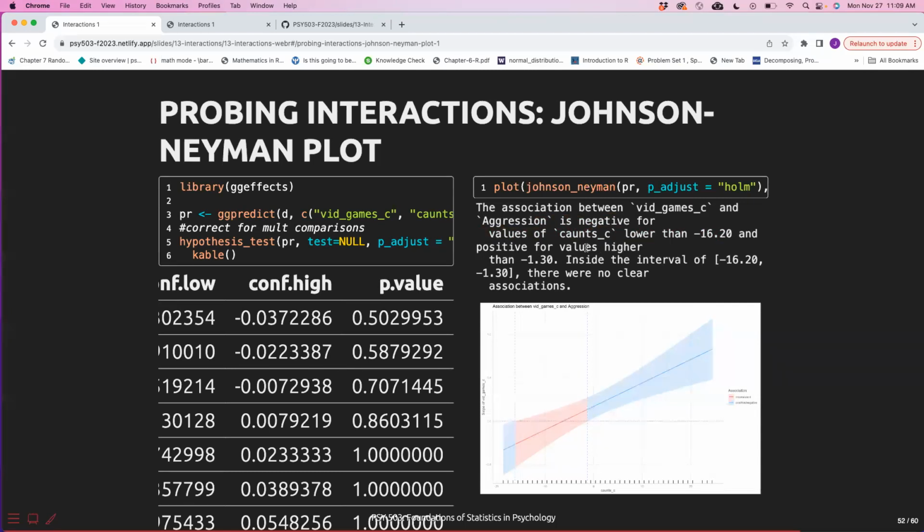All we're getting are significant effects for higher values of callous traits, right? So higher than negative 1.30. So as callous traits increase, we have a stronger positive relationship between hours played and aggression scores.